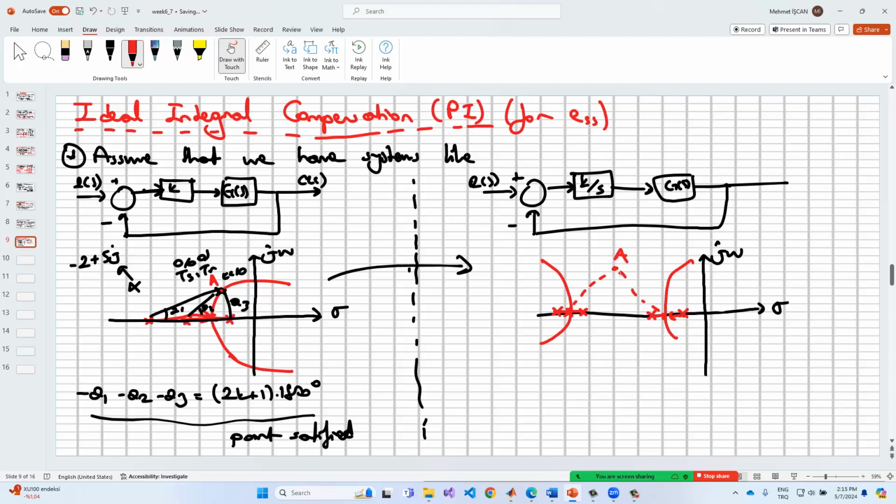pole in here. And also we can write that theta minus 1, 2, this is minus because it's the pole, theta 3 and theta compensator maybe cannot equal 180 degrees (2k plus 1), okay?